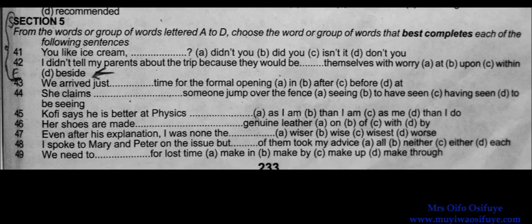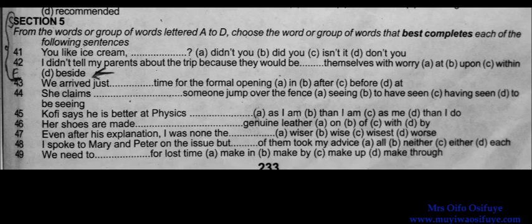The options we have here are A, at, B, upon, C, within, D, beside.